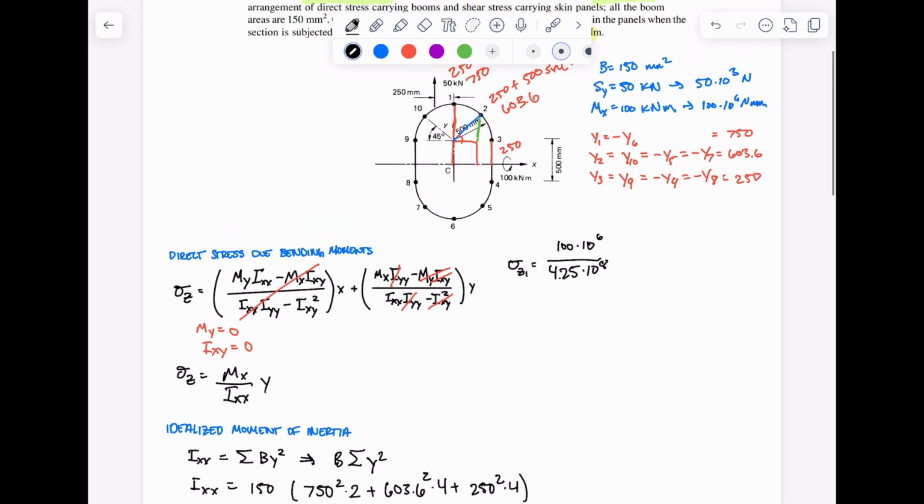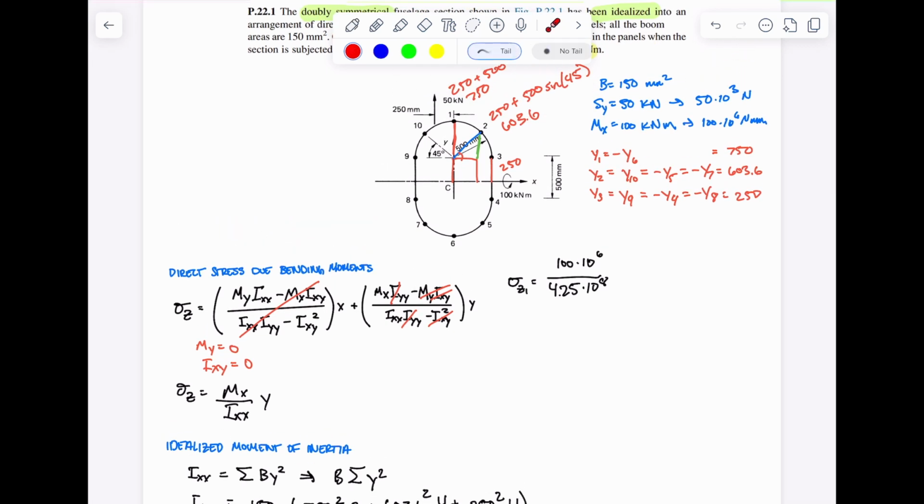And we also have to multiply by the distance from the centroid we're solving for, boom 1 again. Distance, which will be 750. And if we solve that, that would be 176.5 Newton millimeters squared.